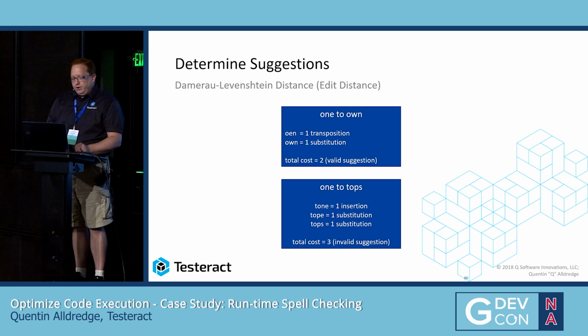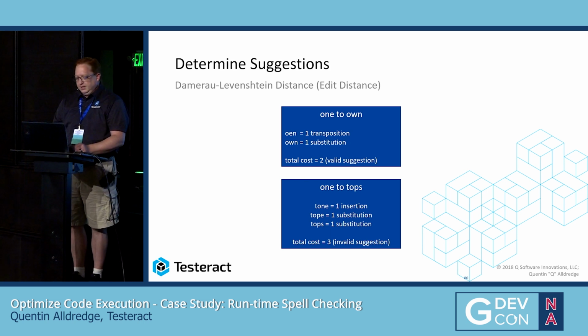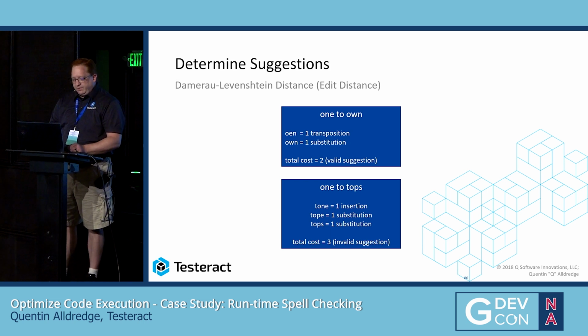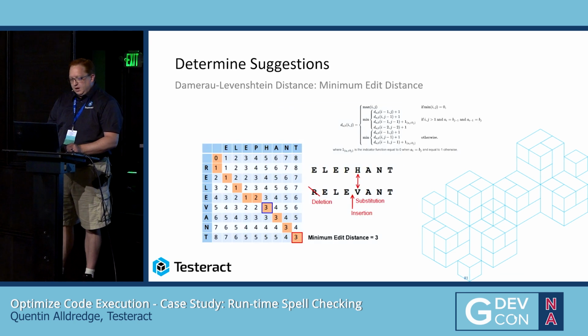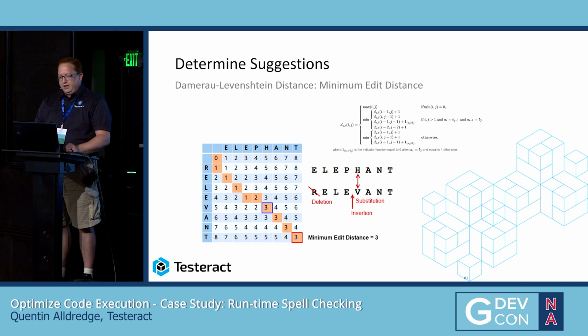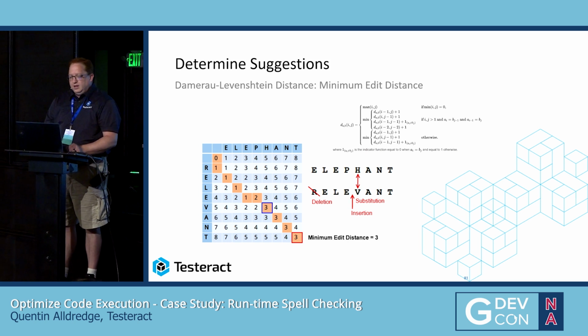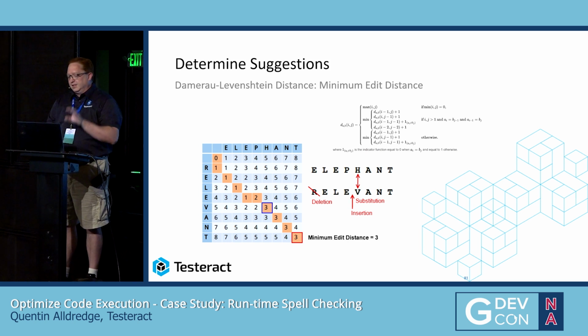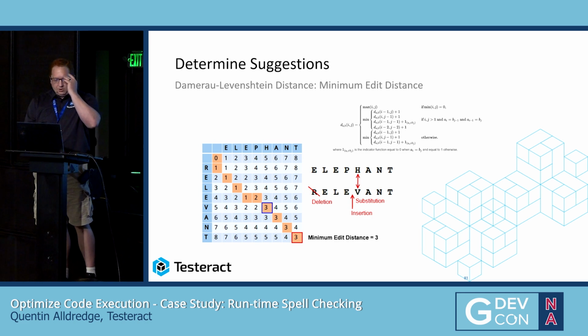Then you do a substitution and replace N with P. Then you do another substitution and replace the E with S. Those are the steps you would take from 1 to tops. Here's a distance from elephant to relevant, a minimum distance of 3. If you Google Damerau-Levenstein, I think this is the graphic it shows at Wikipedia. I just stole it from there as an example.